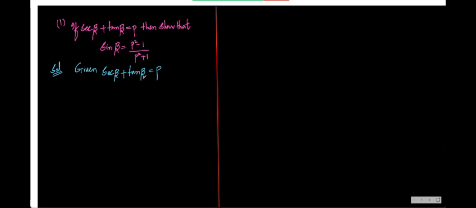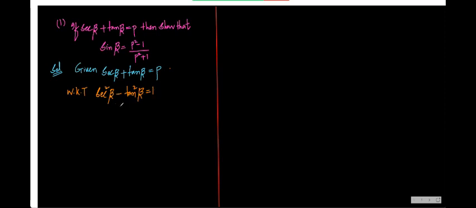Okay. Now look at this. We know that the trigonometric second identity is sec square, instead of writing theta here the angle is beta, sec square beta minus tan square beta, is equal to 1.